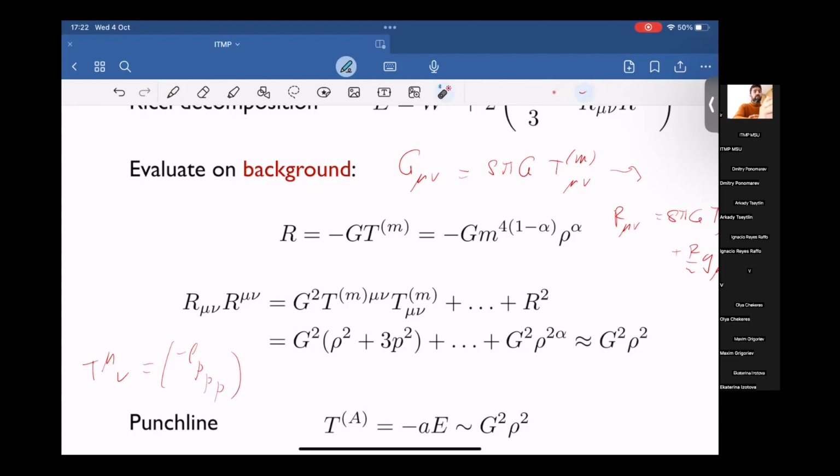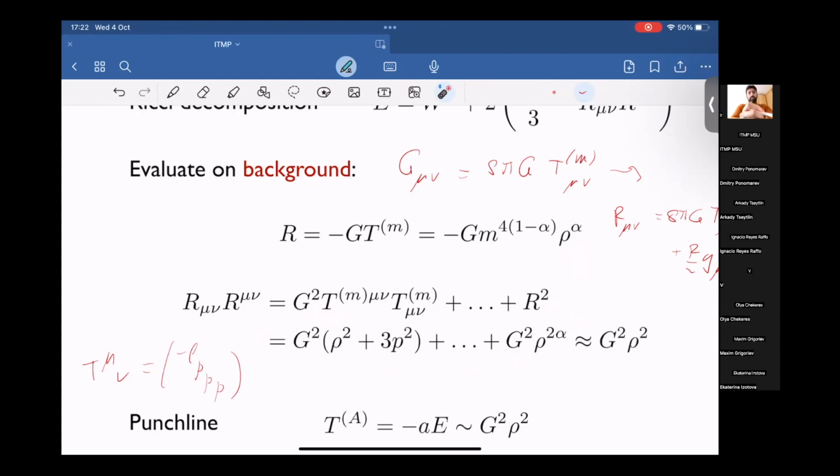If we take the square of that and plug it in here, we get something that scales as ρ² + 3p². Then we have these mixed terms, and the last term squares as ρ^(2α), precisely because of the assumptions that we talked about before.